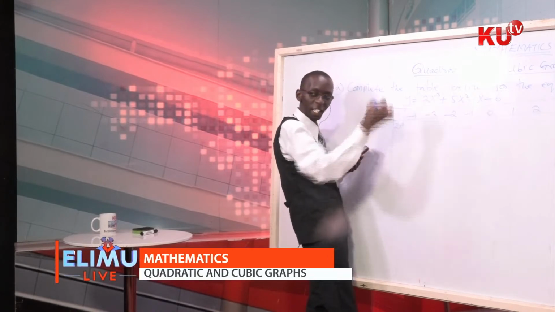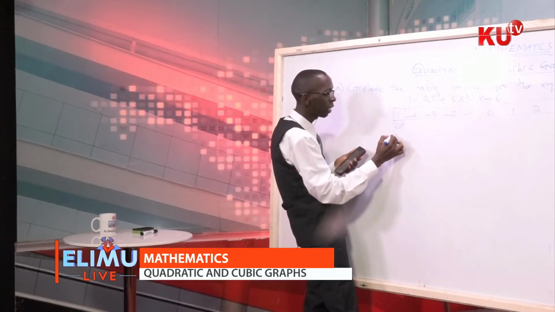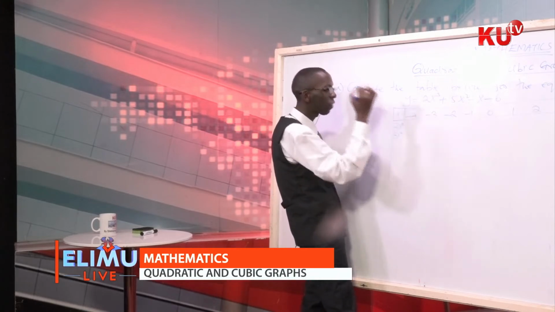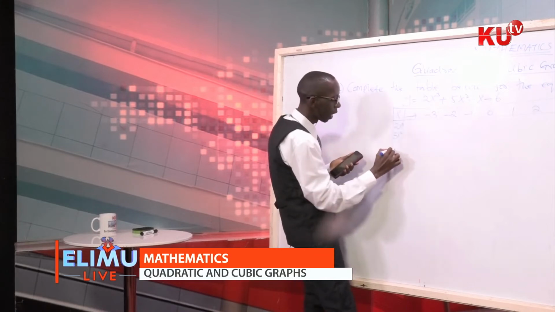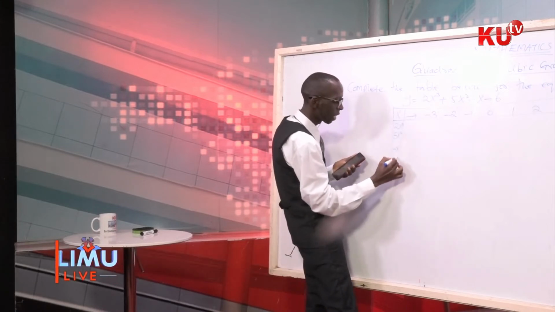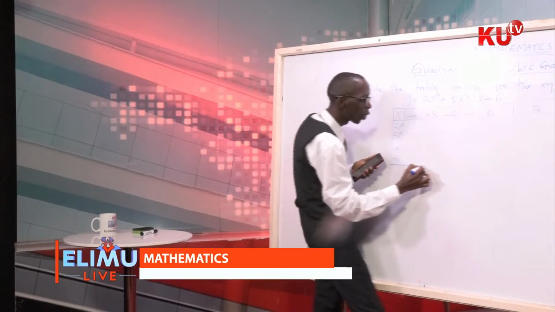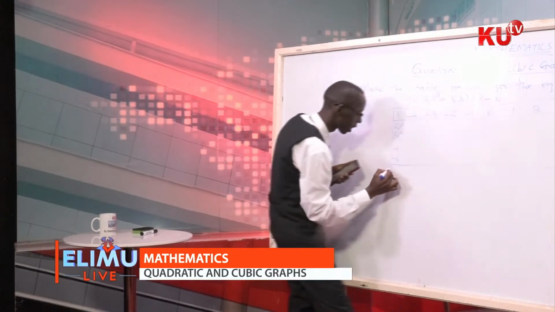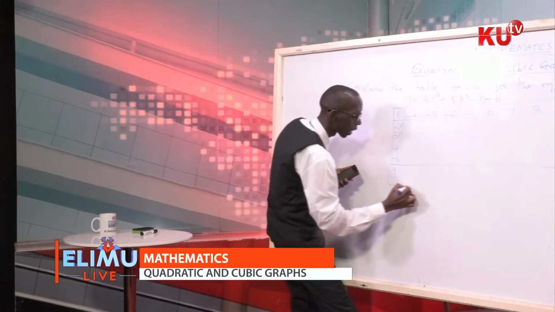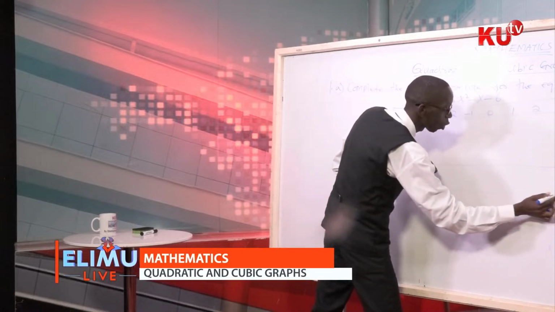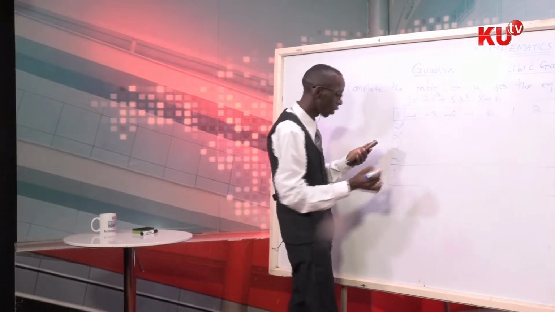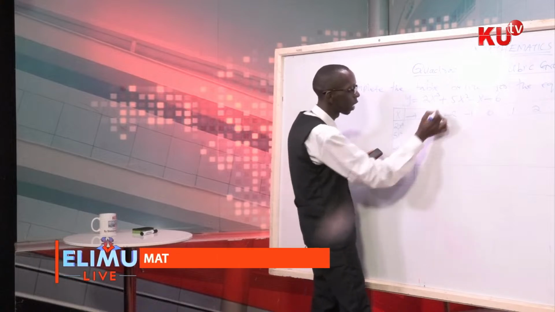And then now we'll have this equation from here: 2x cubed, moving vertically, 5x squared, -x and -6. Then we'll use those values to get the values of y.